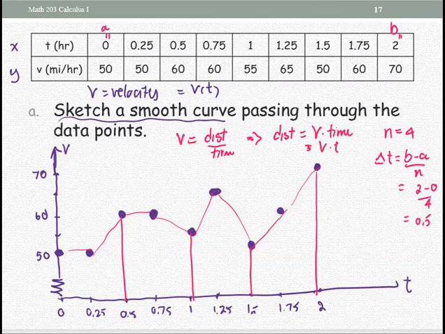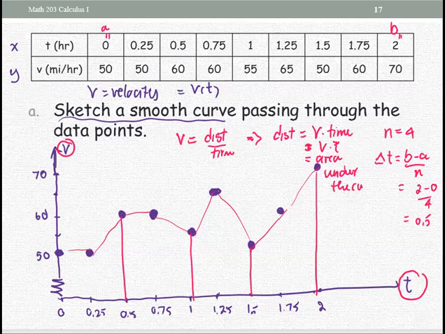And what is the v? The v is the dependent variable. The t is the independent variable. And basically the displacement or the distance is the area under the curve, because for v times t, v is the height of the bar, and the delta t is the width.